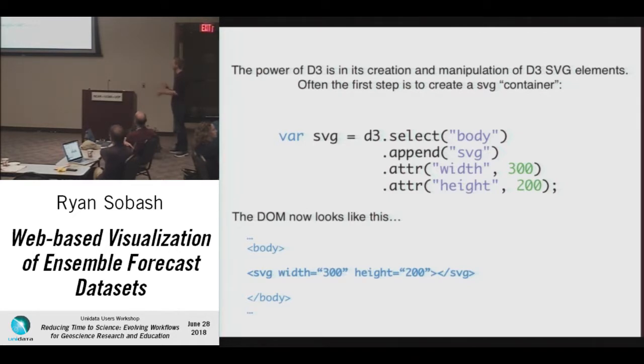And it's going to give it a width and height of those two pixel values. And so that will change your DOM to basically just throw this SVG line in there. That's what the result of that code is at the bottom of the body, since we're appending to it at the very end. So that's the first step in, say, creating one of these visualizations with D3.